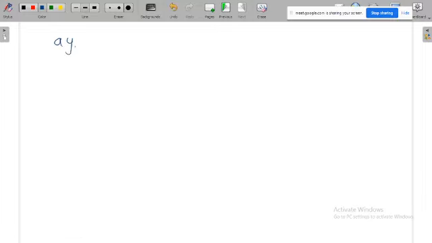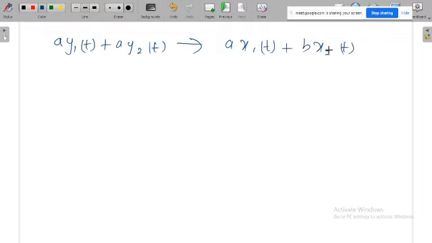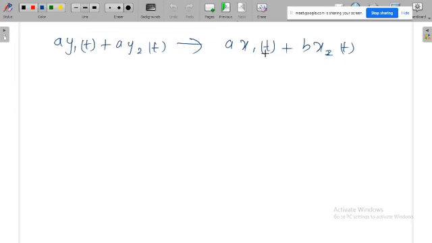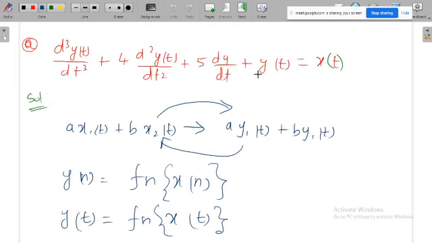I will apply this procedure: a y1(t) plus b y2(t) is equal to a x1(t) plus b x2(t). I am just reversing; nothing will change, both are the same. So I'll try this approach. Once you are able to prove this, then the given equation is a linear equation. We can also do it in the other manner, but that will be somewhat complex.